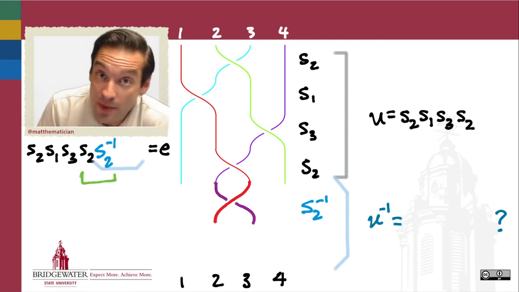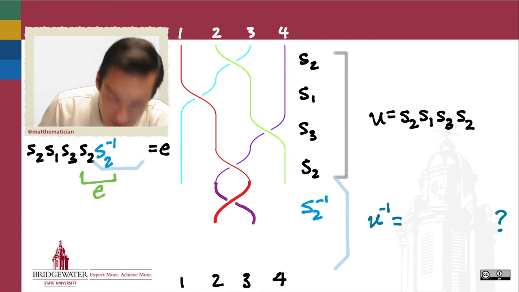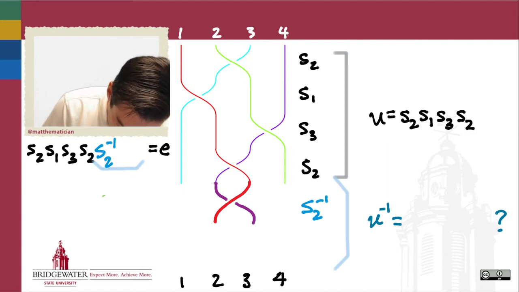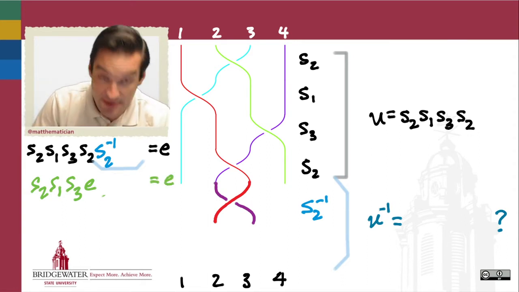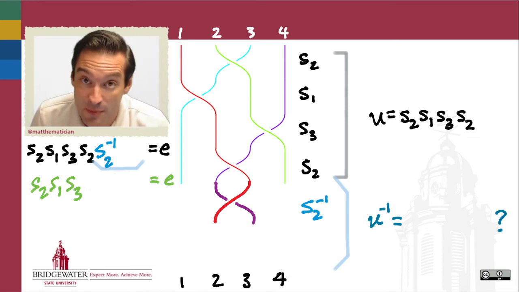Well, the invertibility property says any element times its inverse is equal to the identity, right? And so we could rewrite this as S2, S1, S3, identity, right? And since the identity has the identity property, if we write it or if we don't write it, we get the same answer.